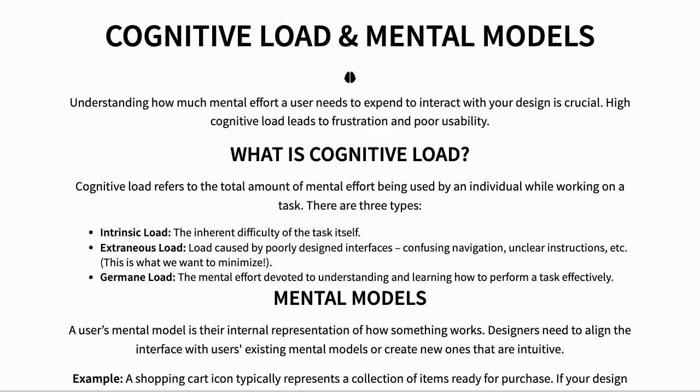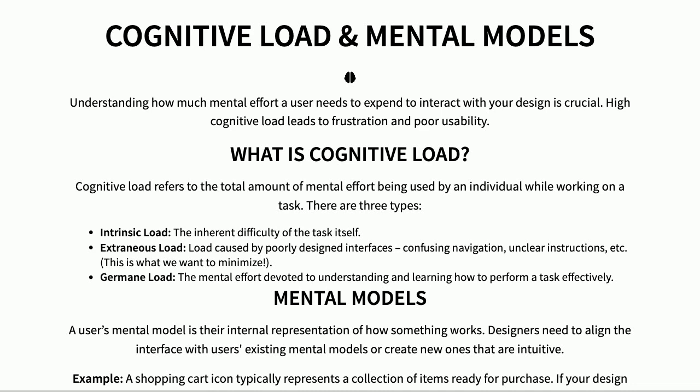Okay, let's talk about how much thinking people have to do when they're using your design. That's cognitive load. It's basically the amount of mental effort involved. There are 3 types: the difficulty of the task itself, any extra work caused by a bad design like confusing navigation, and the actual learning process. Now, alongside that is the concept of mental models. These are essentially what users think something works like before they even interact with it.